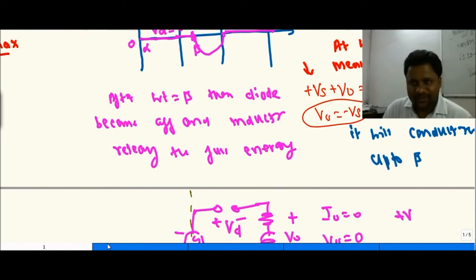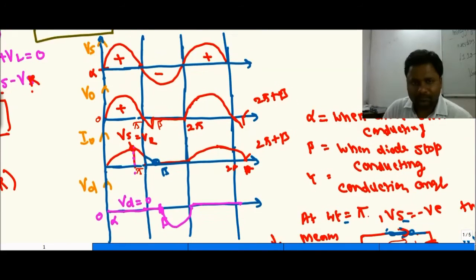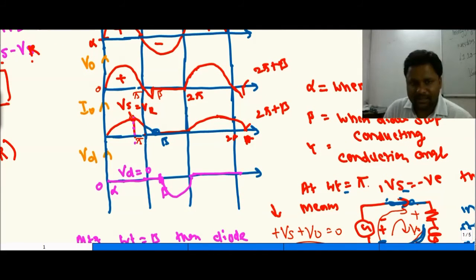So the waveform we obtained is like this. After this the inductor releases the energy, and the output voltage is decreasing. At omega t equals pi, the source voltage is negative, and we obtain an output voltage equal to the source voltage but with negative sign up to the angle beta.